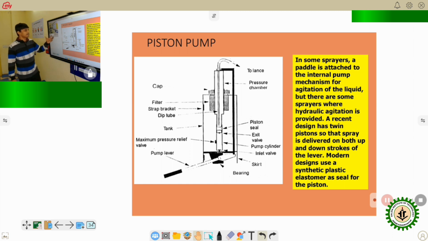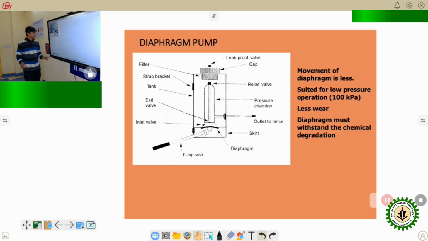It is a design of the fluid and its mechanism for agitation of the liquid. Some spray or hydraulic agitator is provided. So this type of sprayer can effectively be used where small and large distances have to be covered.